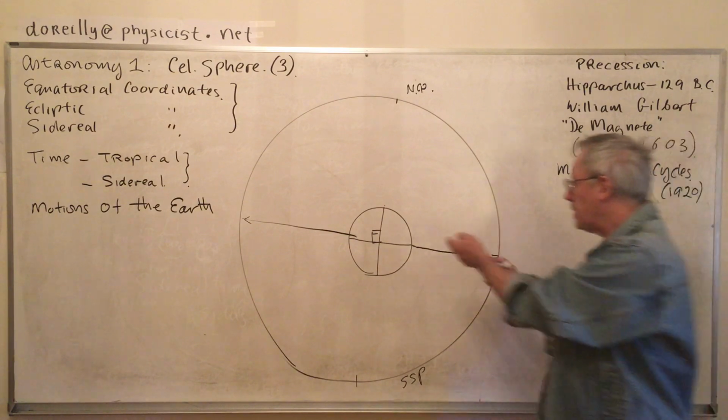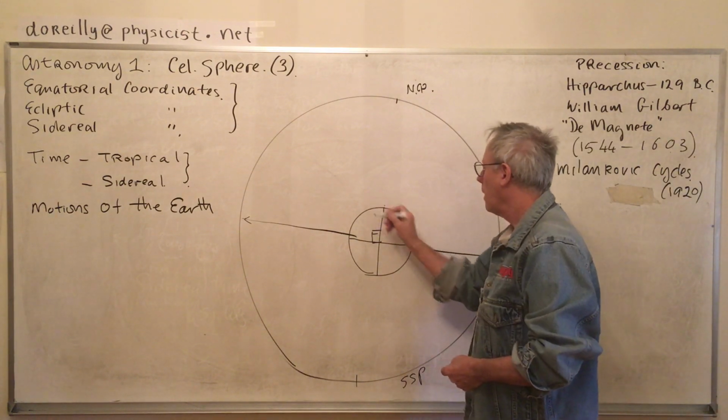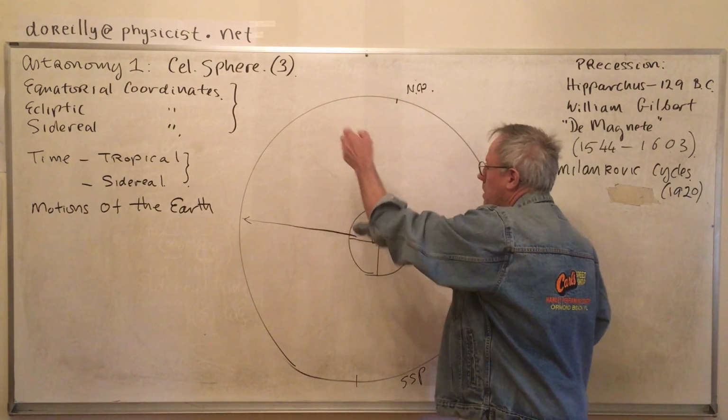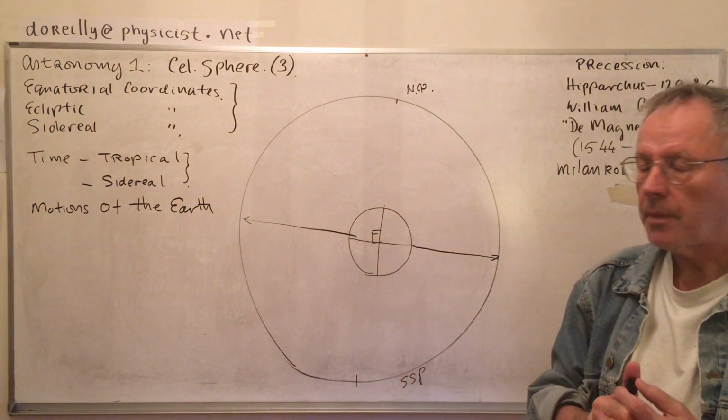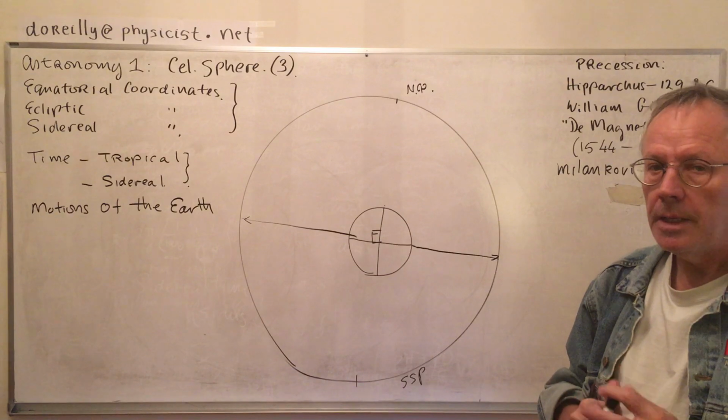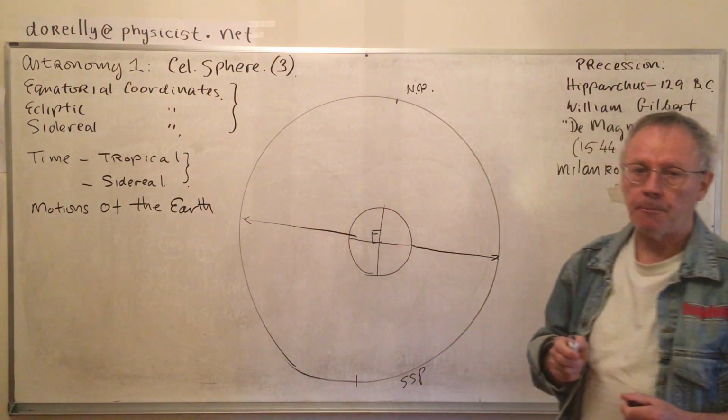Okay? Now, as the Earth revolves, this celestial sphere appears to revolve to us, but we're actually revolving. We're doing more than revolving, and that's what complicates things.